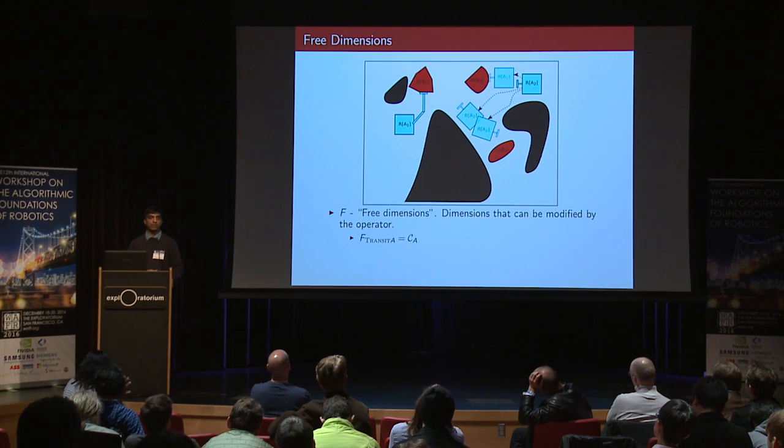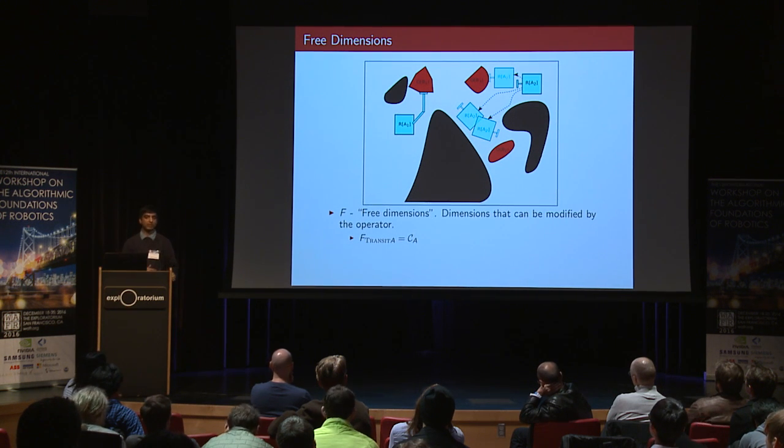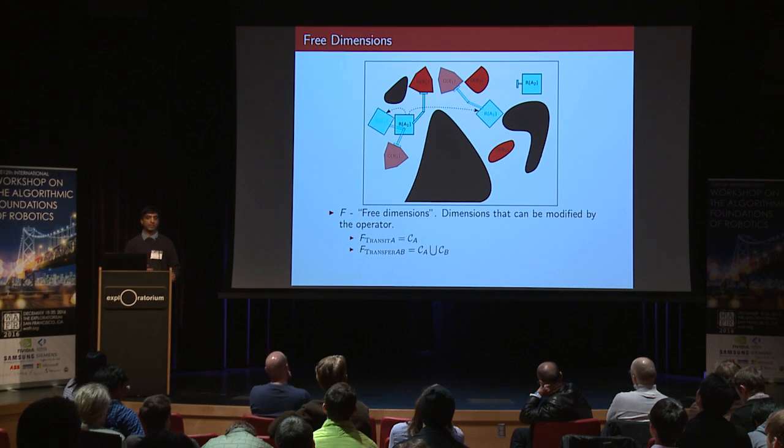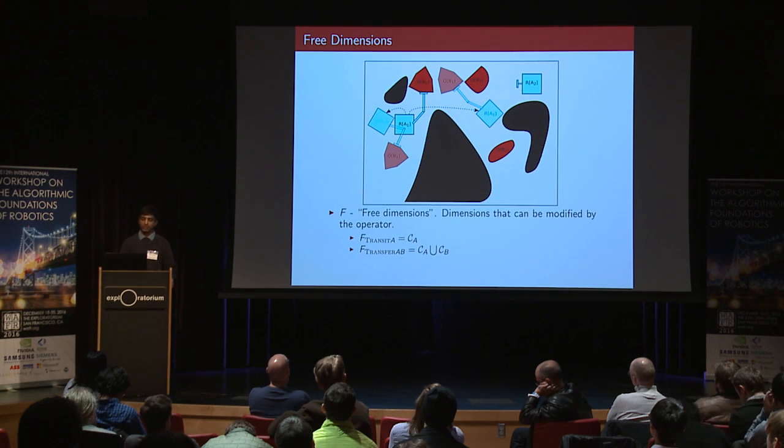So the free dimensions are just the dimensions that can be modified by the operator. So in a transit operation, the set of free dimensions are the configuration dimensions of the robot that's moving. And for a transfer operation, it would be the configuration dimensions of both the robot and the object involved. Now, all the other dimensions are held constant throughout the execution of the operator.